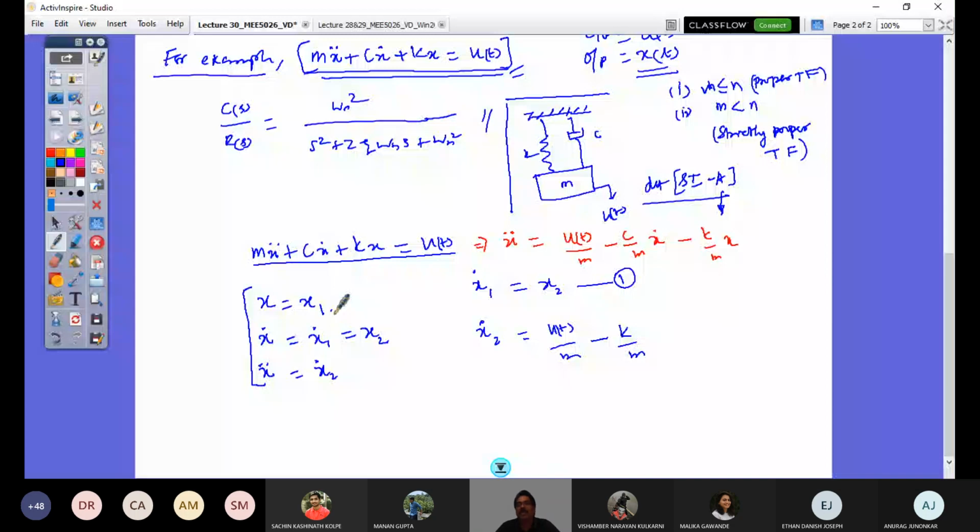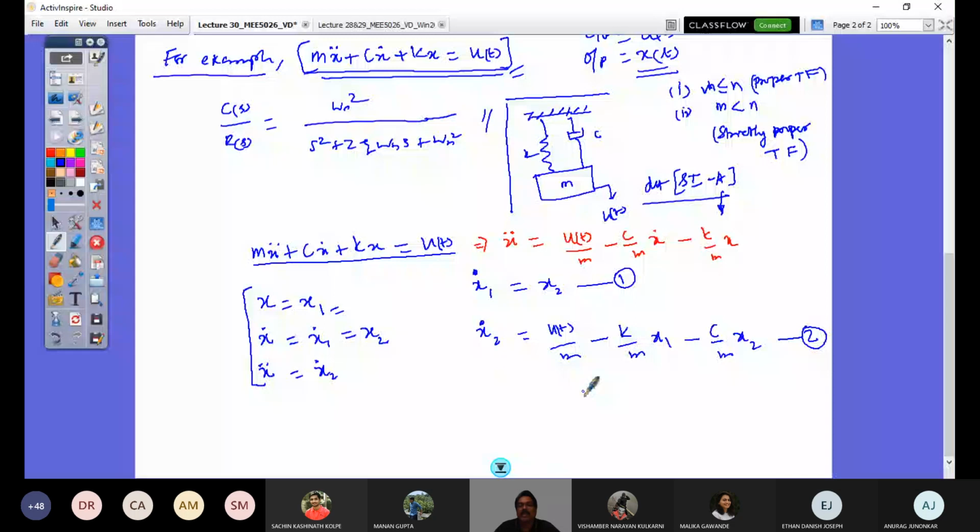So these are the two single order equations. Now I have x1 dot, x2 dot. These are first derivatives, two single order systems, where x1, x2 are my state variables. So these two equations can be combined and written in the required form.